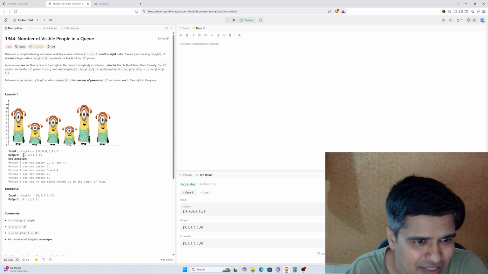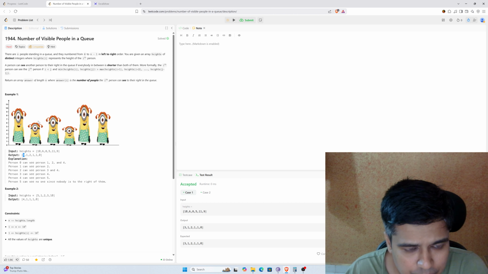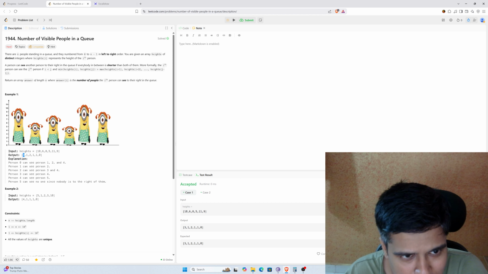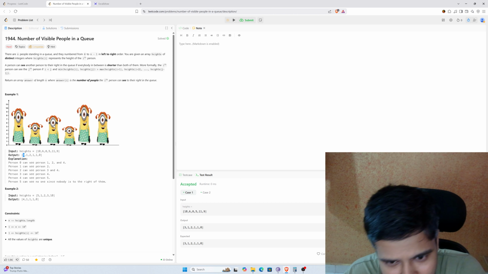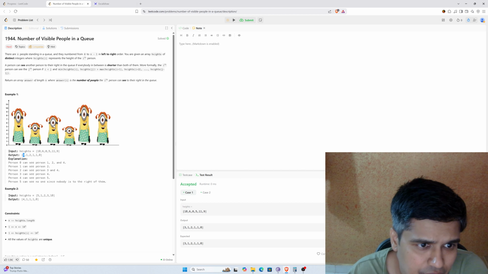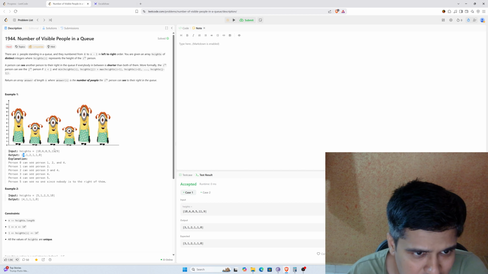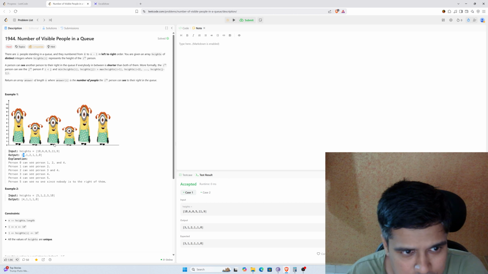Generally I cannot see the person standing to the right of me if the person right next to me is giant or taller.